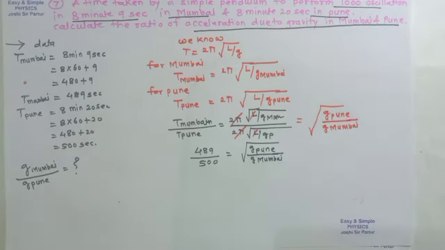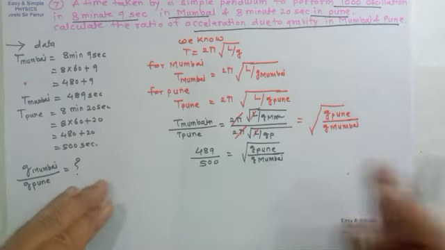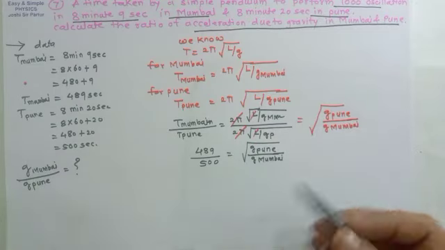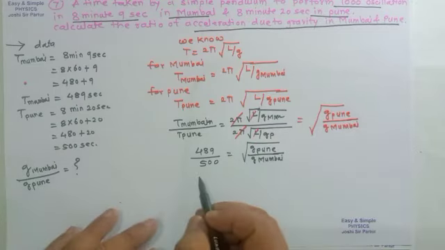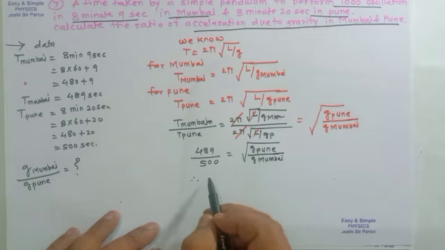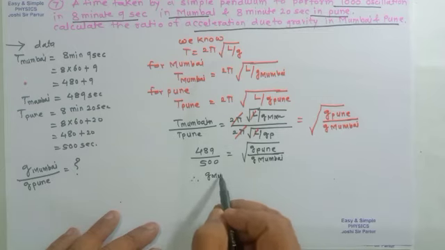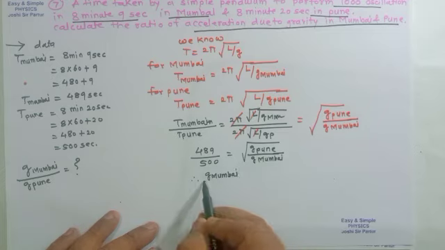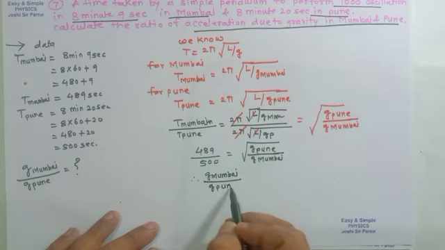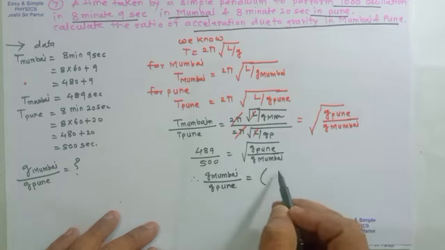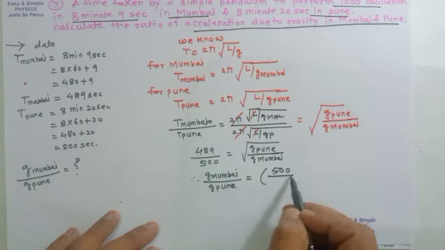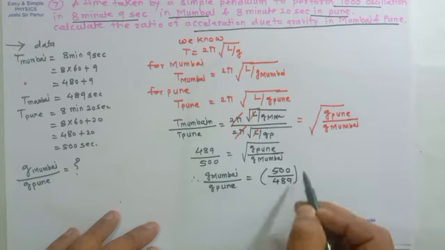Again, if we reverse the values, or take the reciprocal, we can write g Mumbai upon g Pune is equal to 500 upon 489 square.